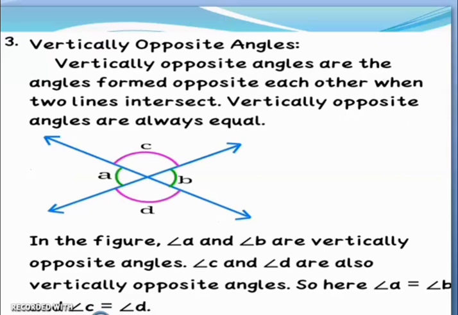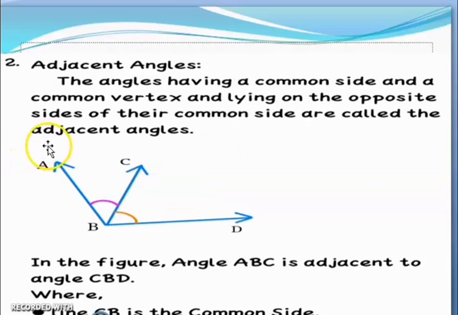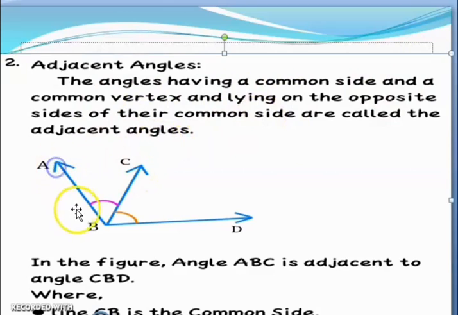After this, we have adjacent angles. What are adjacent angles? Angles having a common side and a common vertex, and lying on the opposite sides of their common side are called adjacent angles. Here these angles ABC and CBD are adjacent angles. Why?